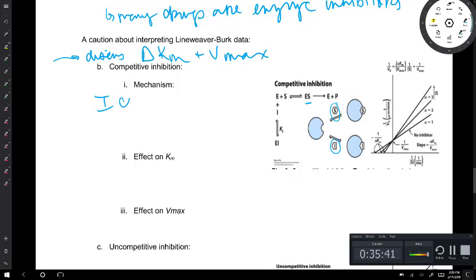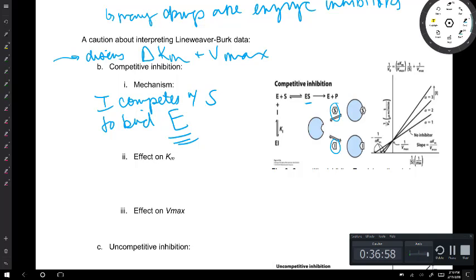So the inhibitor competes with the substrate to bind the enzyme alone. Because the substrate is competing with the inhibitor to bind, the amount of substrate that has to be present to achieve half Vmax is going to go up.